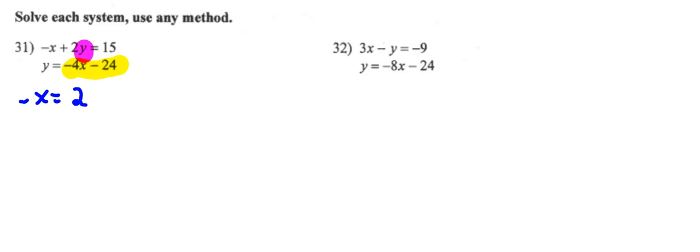Plus 2 parentheses. Now we're going to write all of this: negative 4x minus 24. And then we just solve.